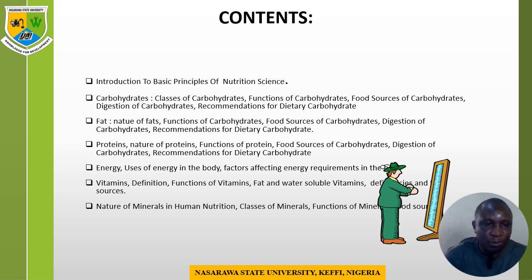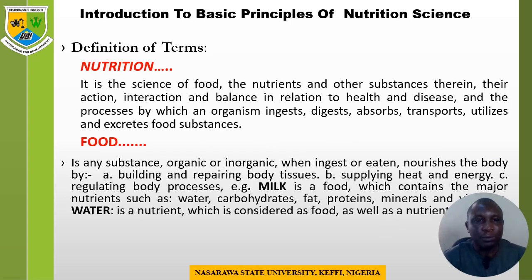And we round up on week 7, looking at energy, uses of energy in the body, factors affecting energy requirement in the body. So we are welcome. Let's look at week 1, Introduction to Basic Principle of Nutrition Science.